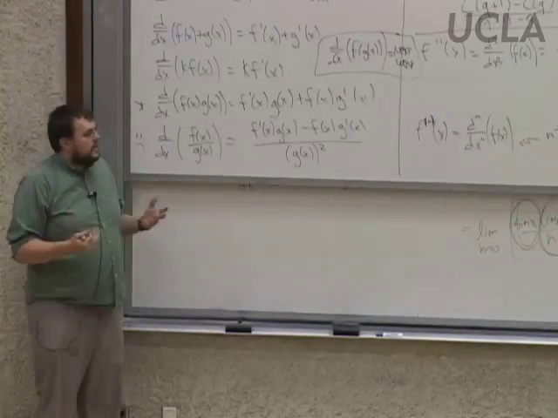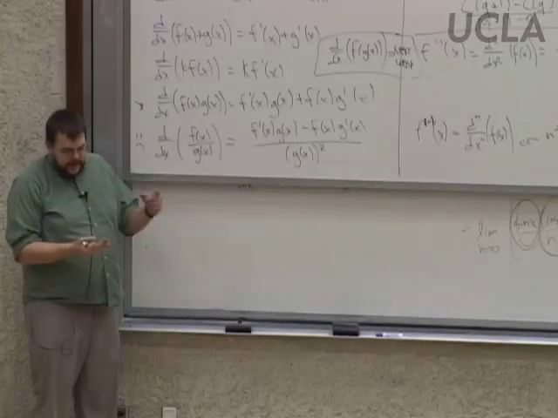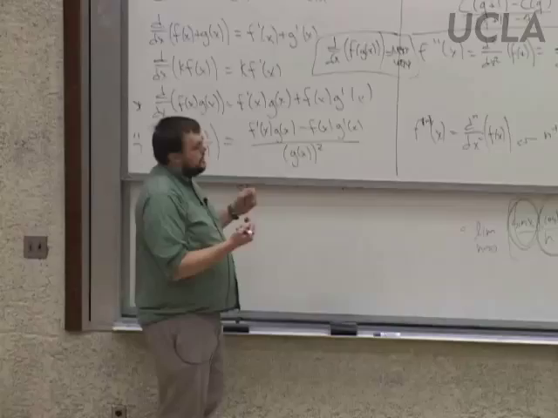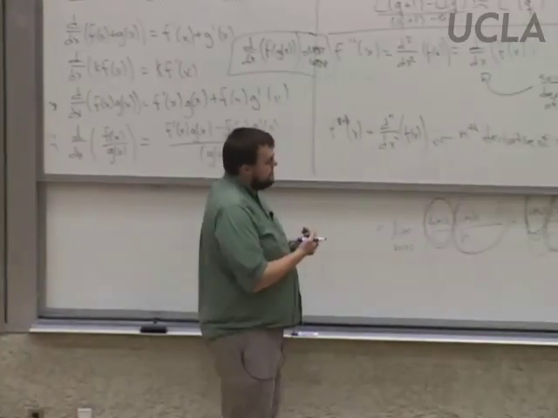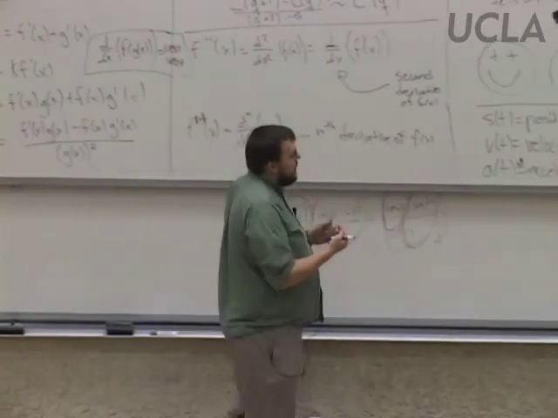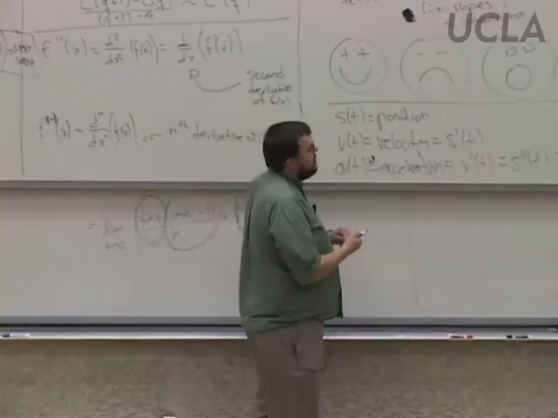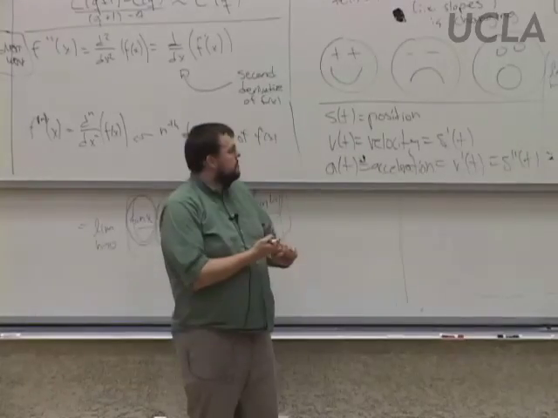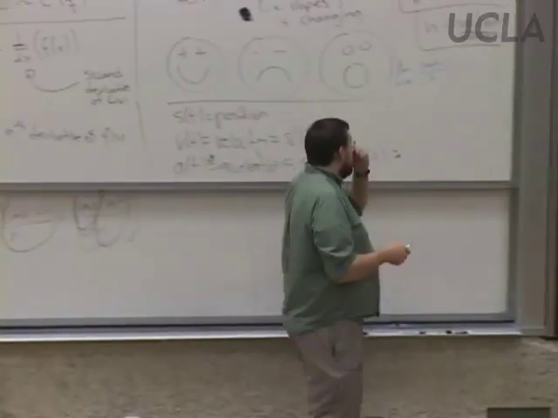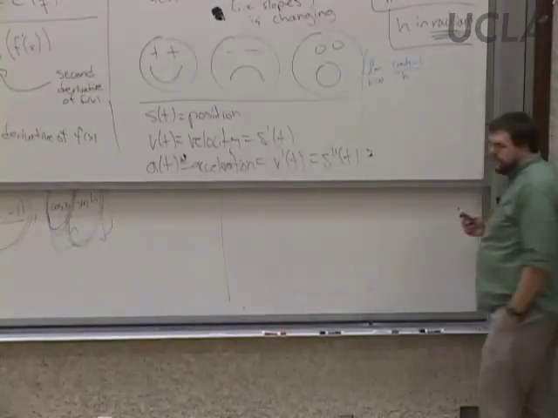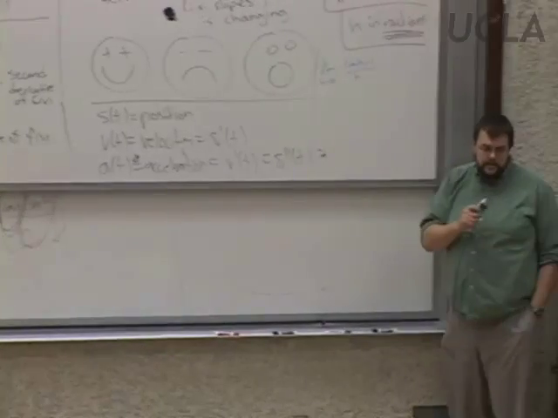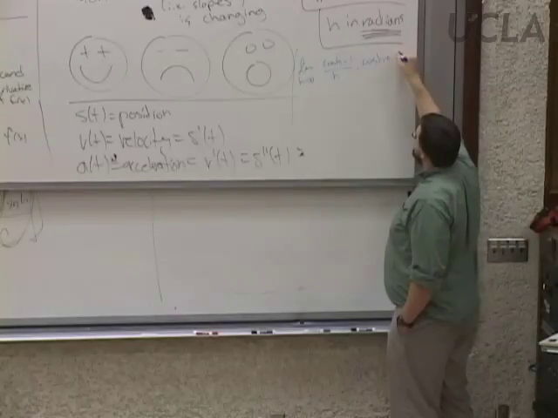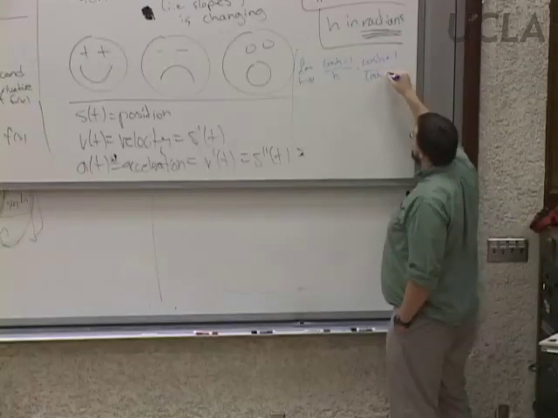What are the three techniques that we generally do? We have rewriting, which usually involves factoring or expanding. We have trig identities. Well, there's definitely trigonometry in here. But we also have something called multiplying by the conjugate. Now, I don't know how to write cosine in terms of sine, but I do know how to write cosine squared in terms of sine. So what I'm going to do is multiply top and bottom by cosine h plus 1.